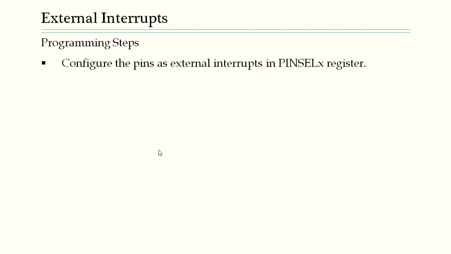Configure the pins as external interrupt through the pin select register. In correspondence to P2.13 and 12, obviously it would be the pin select 4 that we'll be using in our program. Next, clear any pending interrupts in the external interrupt.